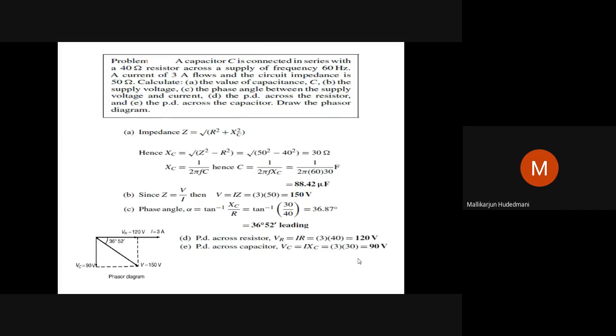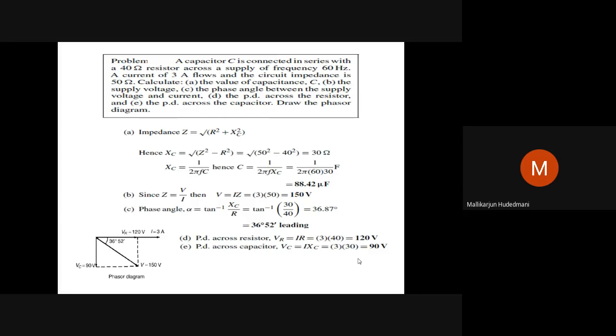Similarly, I have a capacitor C connected with a resistor of 40 ohm. Supply frequency is 60 hertz. A current of 3 ampere flows and the circuit impedance is 50 ohm.